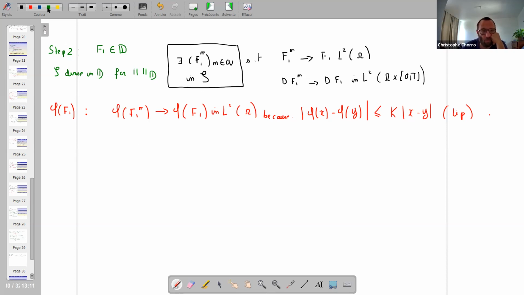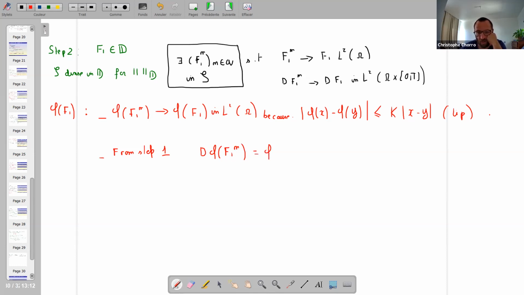What is more? From step 1, F1n is in S. So from step 1, I have D of phi of F1n, that is equal to what?